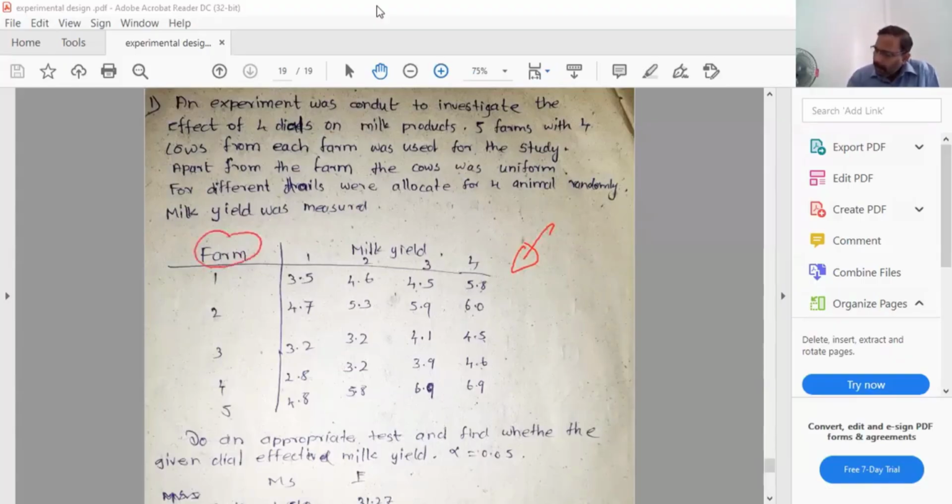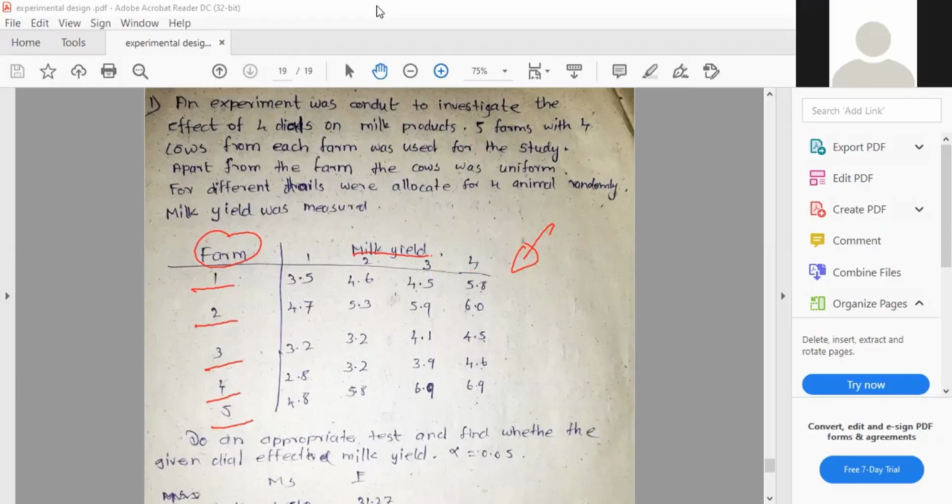So this is the farm. There are 5 farms. Milk yield of cows. How many cows? 4 cows, 1, 2, 3. Sorry. Milk yield of cows, not 4 cows. Totally we have 20 cows. Tell me what is treatment here? Diet.